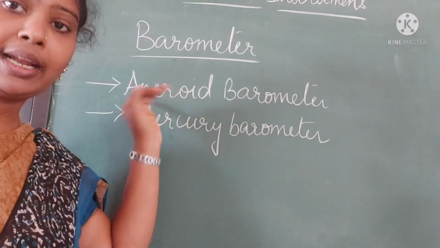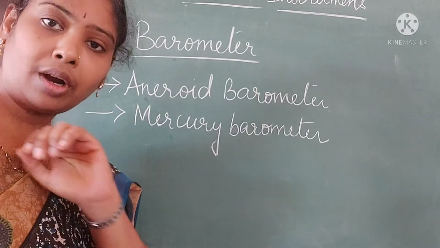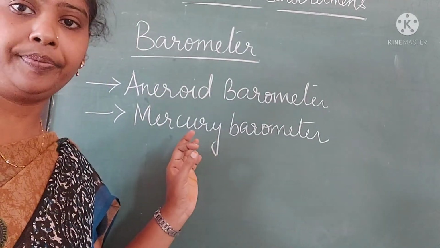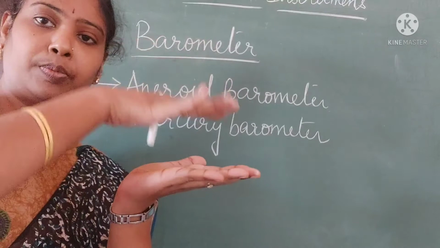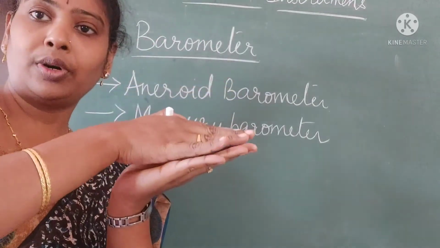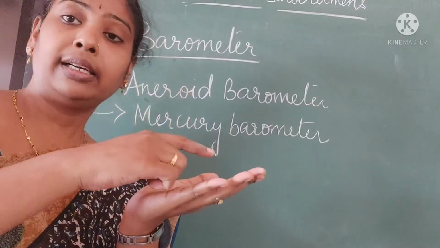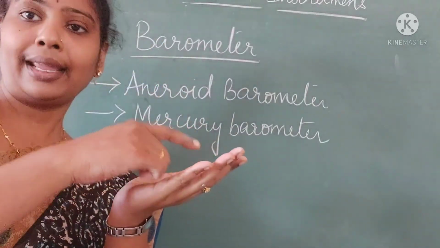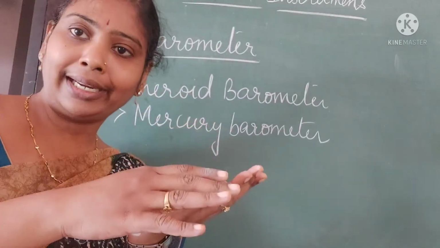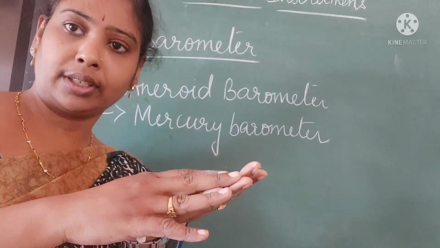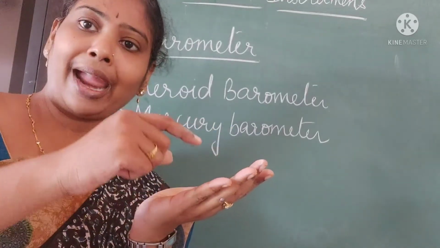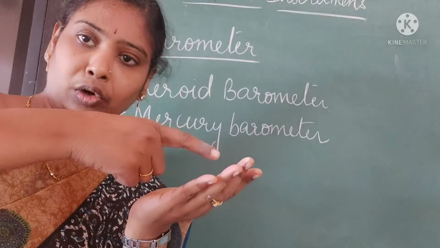The aneroid barometer did not have any kind of liquid. It was just like a box, and the air in that box was partially exhausted, and the lid was not totally closed.